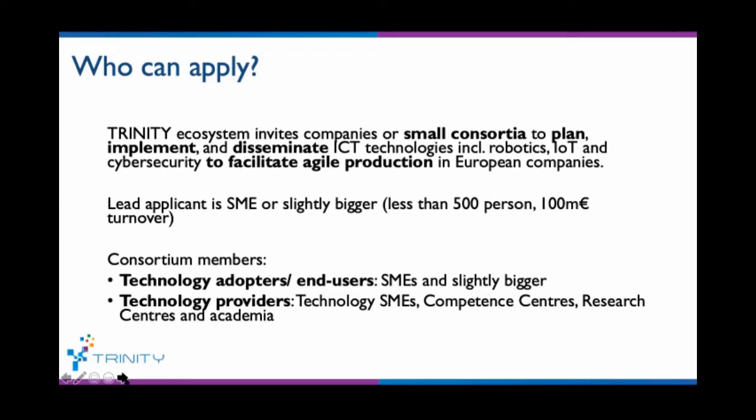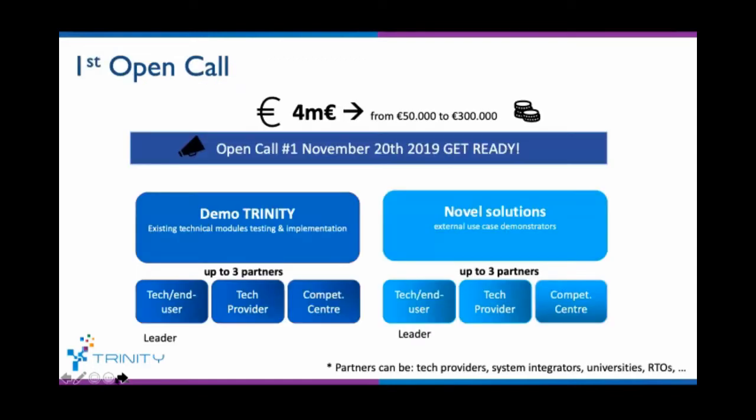So this is not research. We start from TRL 5 and reach TRL 7, which means a prototype. For the open call, you can either replicate some of the Trinity use cases that we already have, or you can propose a completely new solution which did not exist in the Trinity yet.